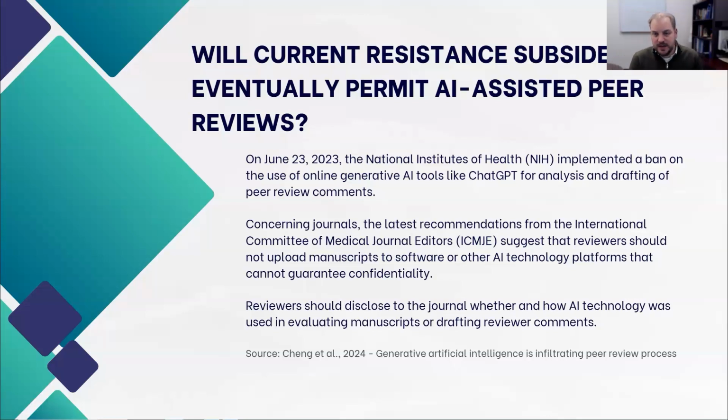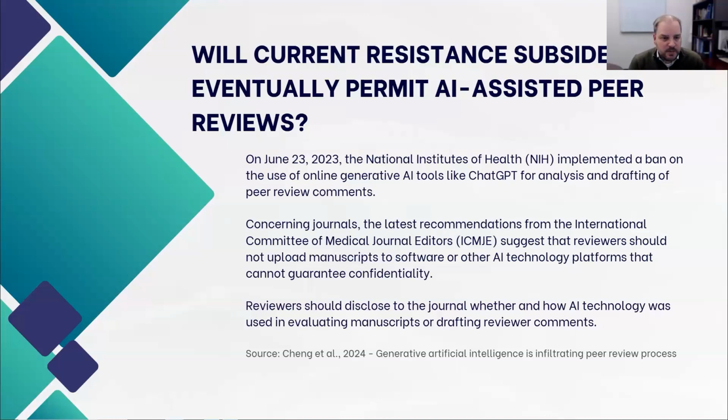And similarly, the International Committee of Medical Journal Editors has fallen in line as well, and they suggest that reviewers should not upload unpublished manuscripts to AI platforms. Additionally, reviewers should disclose to the journal whether and how AI technology was used in evaluating manuscripts or drafting reviewer comments.